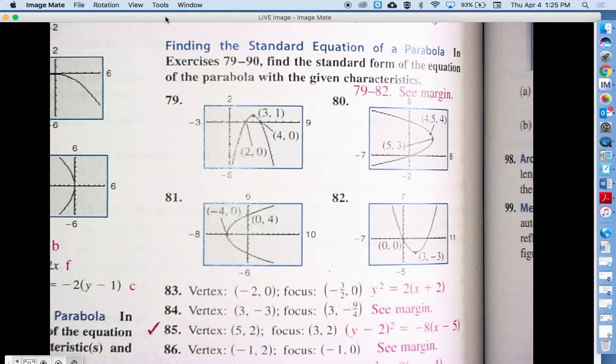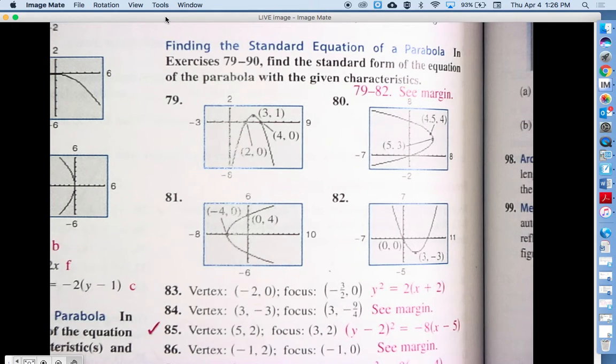So you don't have to get p by itself. So Brandon, what does that mean then for our equation? So we would have x minus 3 squared equals 4 times p, which is negative 1, and then y minus 1.